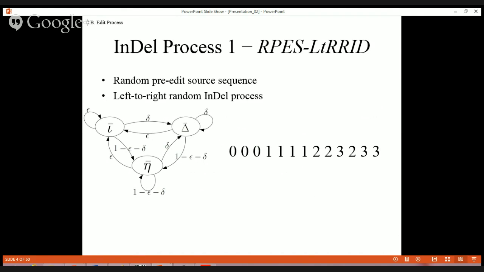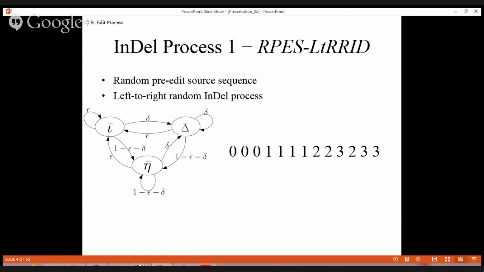We modeled two different insertion-deletion processes. The first one is a random pre-edit source sequence, left to right random indel process. In this model, the pre-edit source sequence is uniform random IID from the source alphabet.